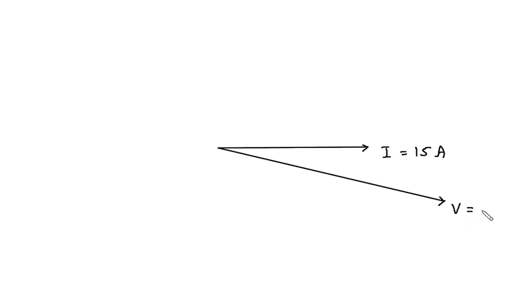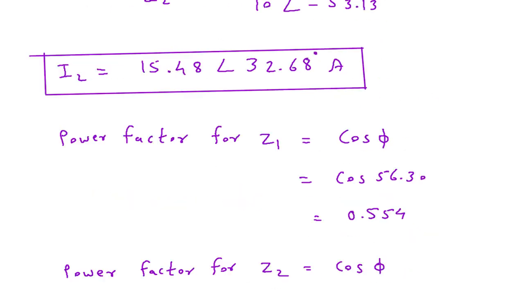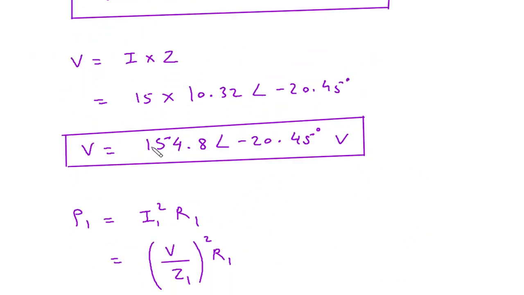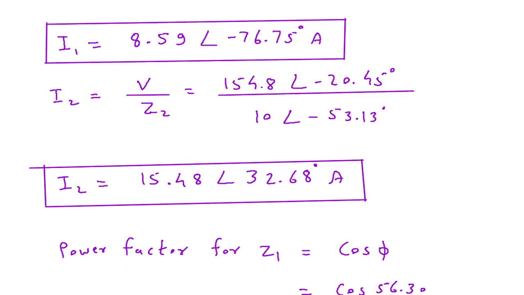Voltage V is equal to 154.8 at minus 20.45 degree.